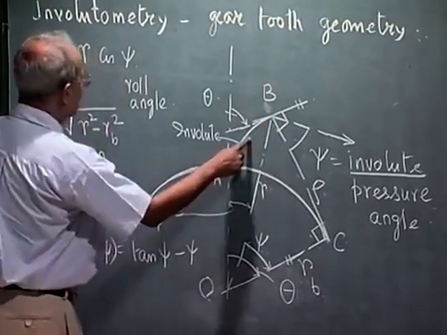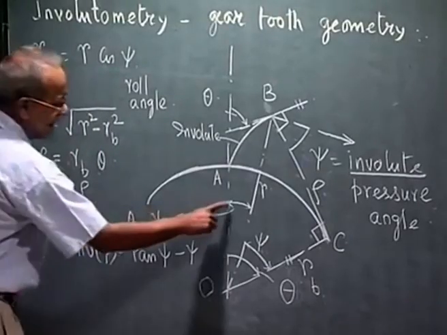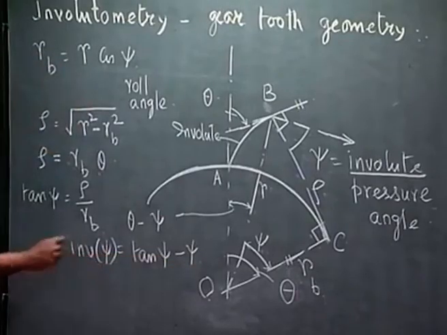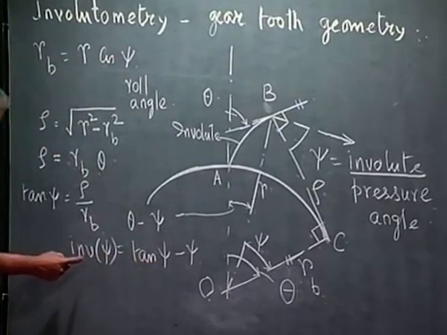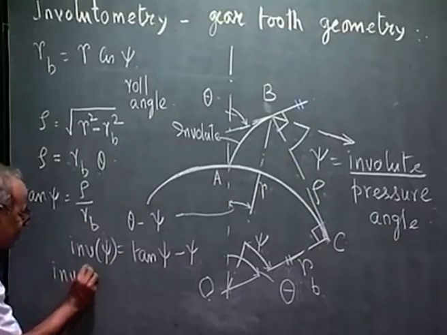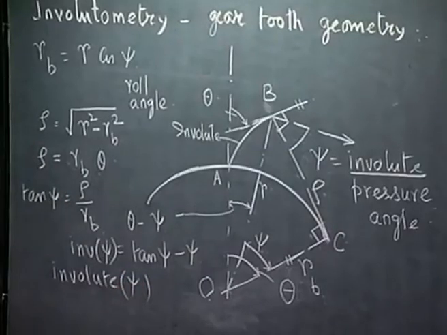The distance from O I can get as RB by cos psi, and this angle I can get as tan psi minus psi, which is called involute psi. It is very easy to see that if one gives me the value of psi, I can calculate involute psi very simply. This is called involute function, just like sin, cos, we call it involute of psi.